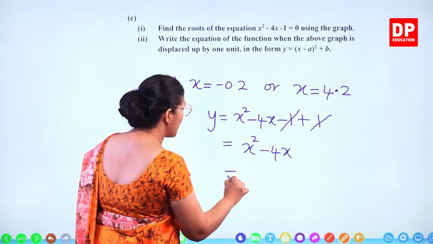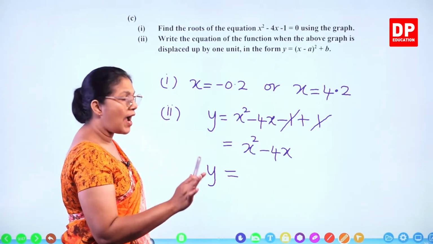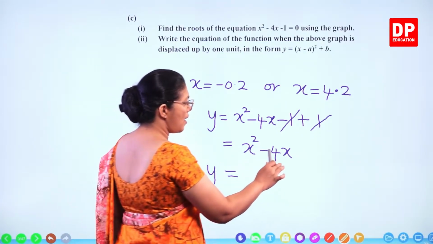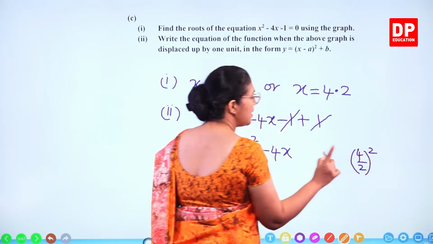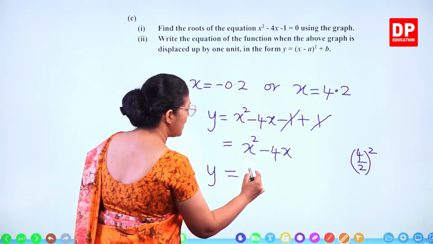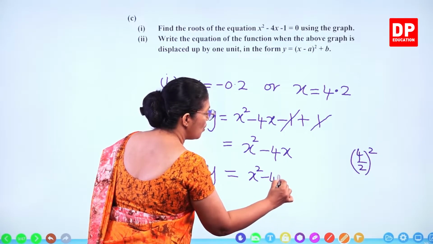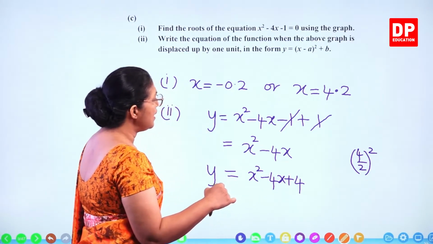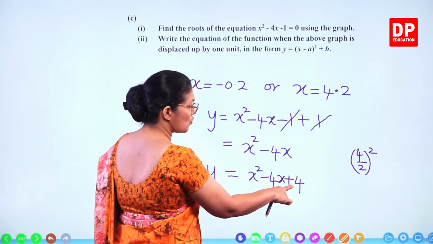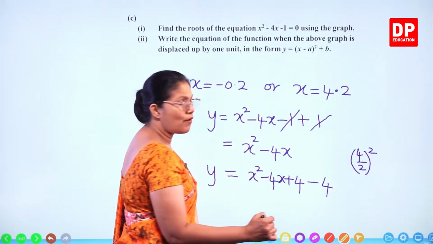So how do you make a square term? You take the x term, divide by 2 and square it. 4 divided by 2 and squared, you get 4. So that means you need to add 4 to get the square term, and in order to get no difference, you have to subtract 4.